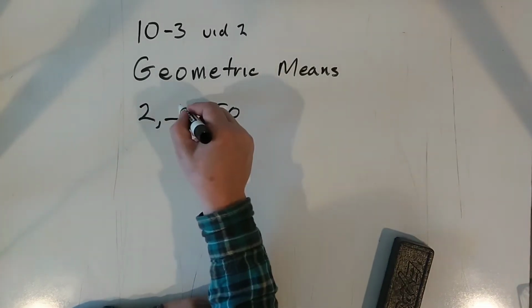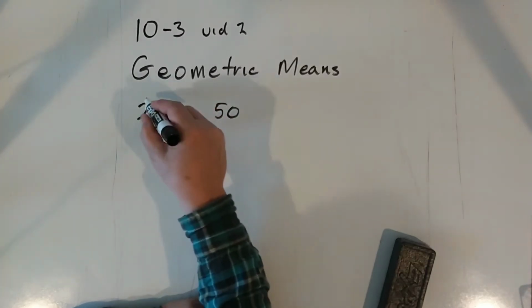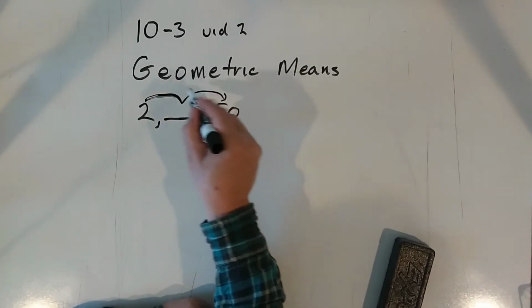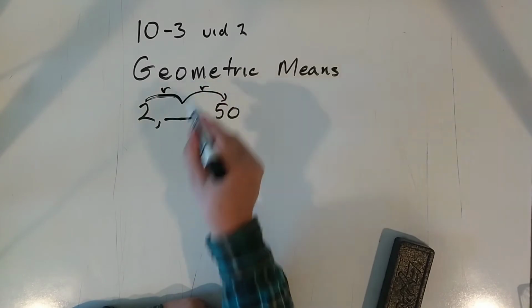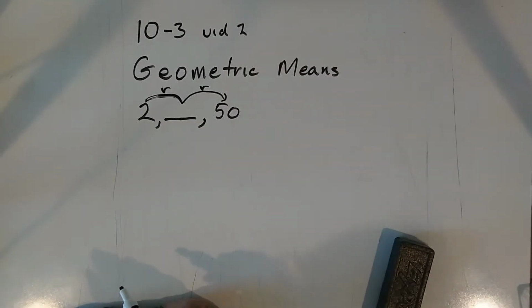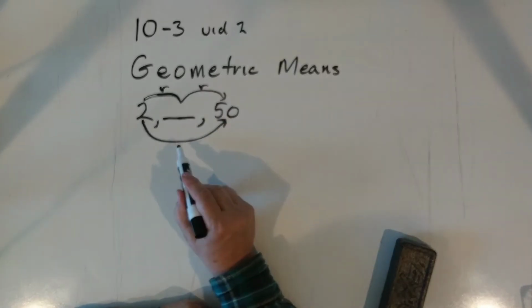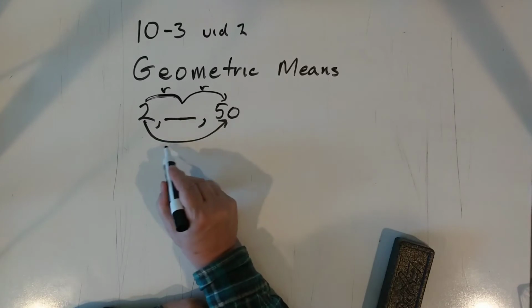If we look at the number of steps we have to go, notice that there are 2 steps. So we multiply by the ratio and by the ratio again. And what I have to get is a total multiplication of 25.